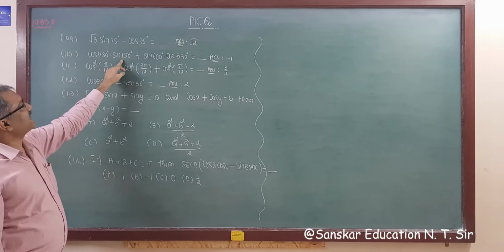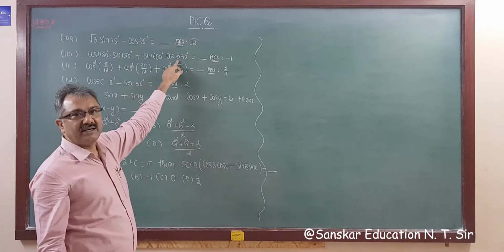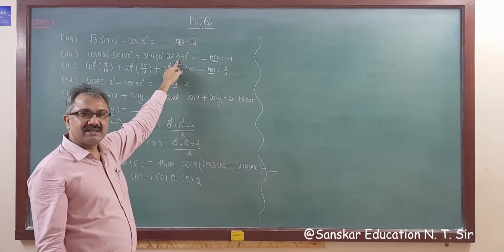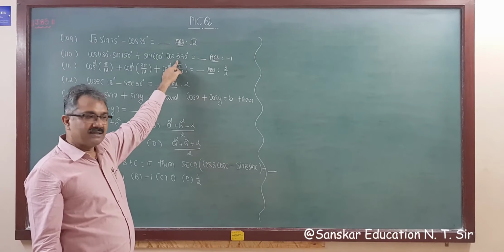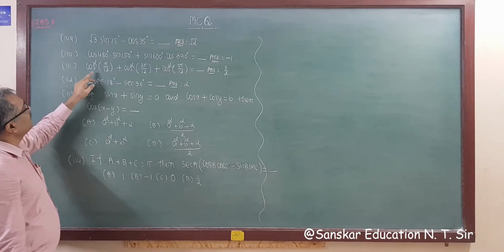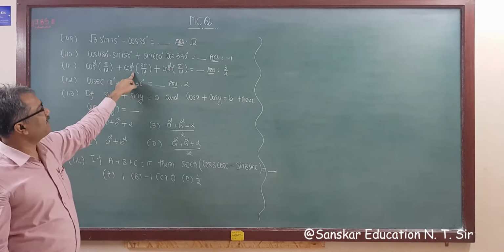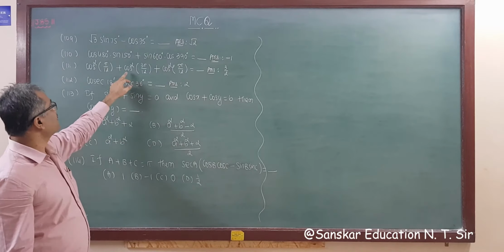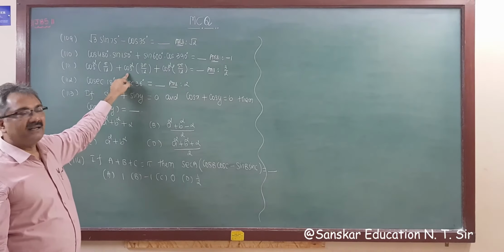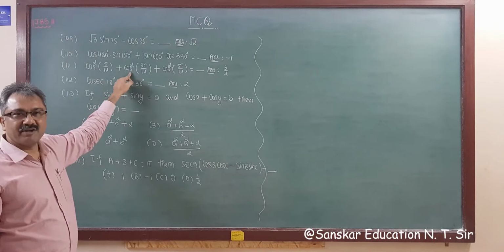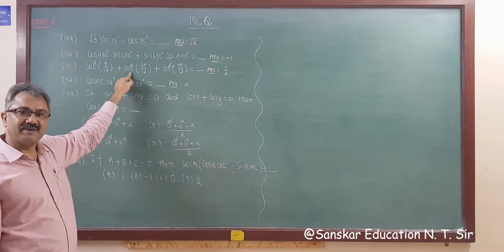Either divide and multiply by 2. Now cos 480 sine 150 plus sine 60 cos 390. That means you have to change these angles into known angles, right? Then cos square pi by 12, cos square 3 pi by 12, cos square 5 pi by 12. So change this into 1 minus sine square. So you will get cos square a minus sine square b, that is cos a plus b, cos a minus b formula.